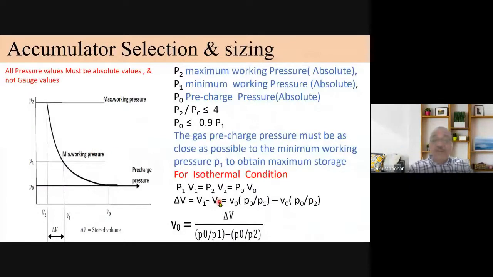This effective volume is calculated based on the mathematics of thermal calculation, P1 V1 equal to P2 V2. Also, use absolute pressure instead of gauge pressure, because in hydraulics we use gauge pressure, but in thermal calculation use absolute pressure. So use absolute pressure here to calculate delta V0.